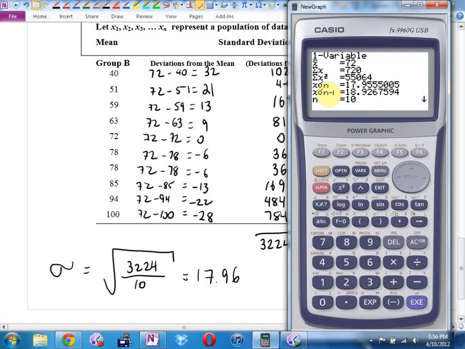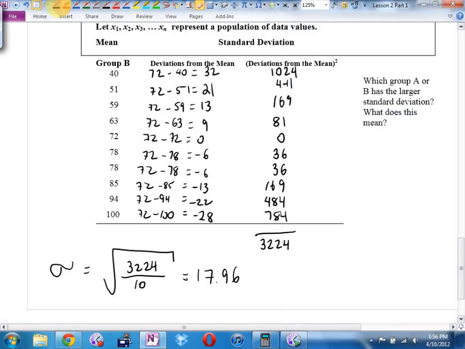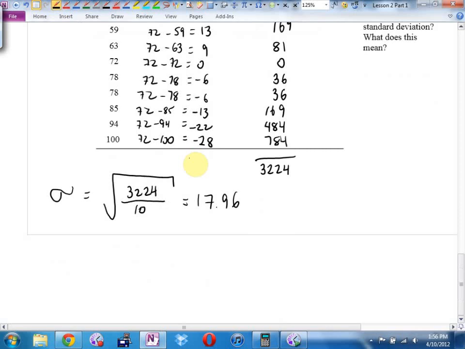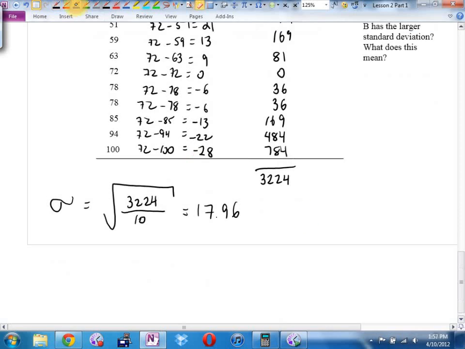It's 20. The standard deviation of the data. Okay. So let's make a little note here on calculator. Is that what yours says? Sorry, mine says a little bit different.